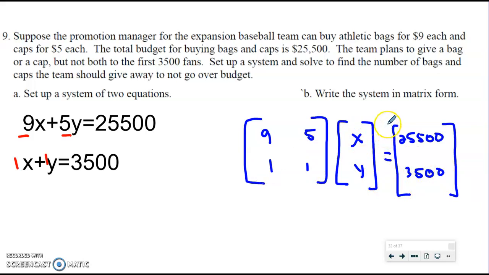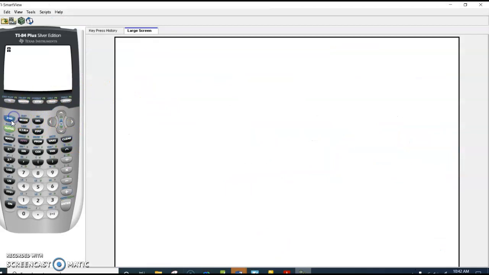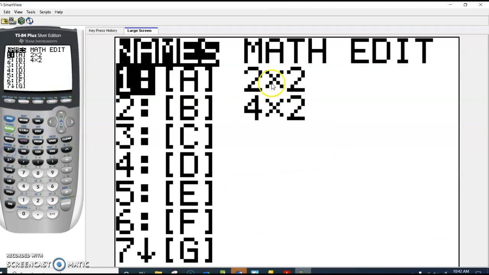Okay. So what we're going to do next is solve this by using the inverse function, which we talked about earlier in class today. Let's walk through that. First, I want to put this matrix 9, 5, 1, 1 in my calculator. I'm going to press second and matrix. That pops up the matrix function. I'm going to go over to edit.